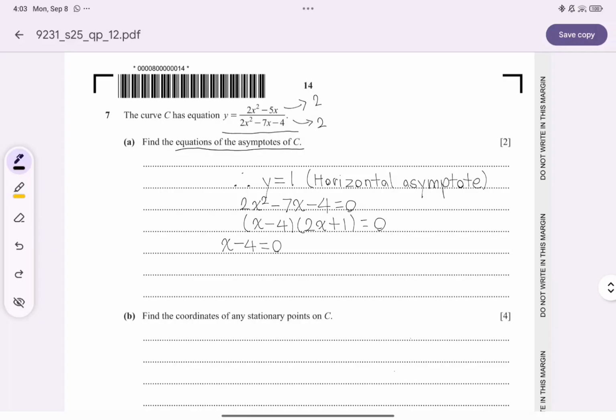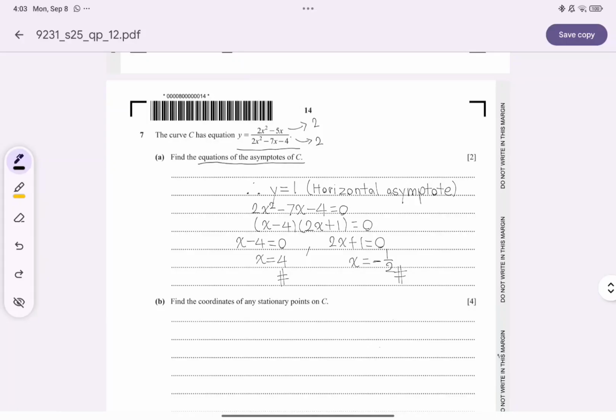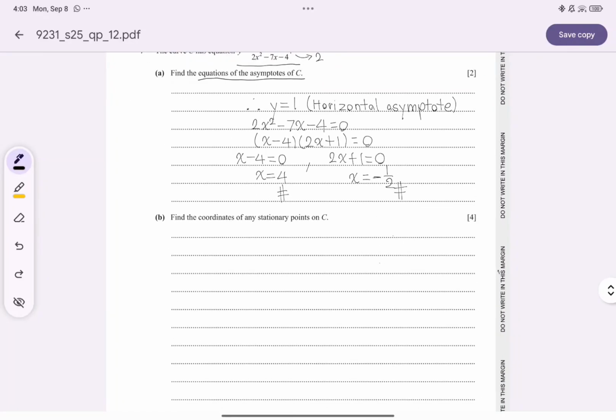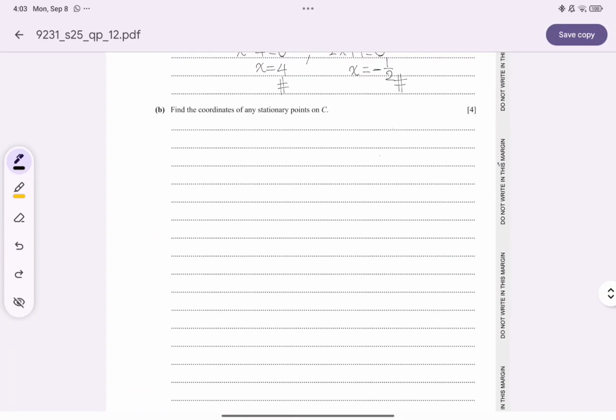So we'll have x minus 4 equals 0, so x equals 4, and 2x plus 1 equals 0, so x equals minus half. So these are our vertical asymptotes, and this is our final answer. Let's head on to the next part.